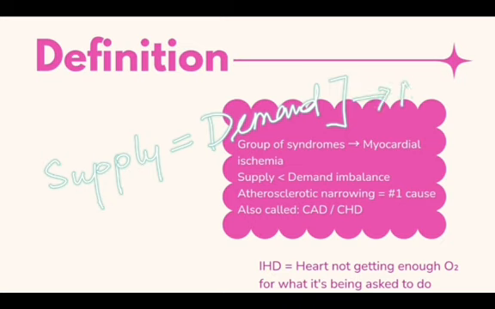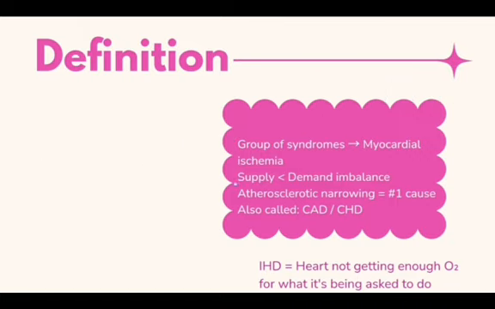This is due to narrowing of the coronary arteries, which leads to atherosclerosis, and atherosclerotic narrowing is the primary cause of ischemic heart disease. The other names of ischemic heart disease are coronary artery disease or coronary heart disease.